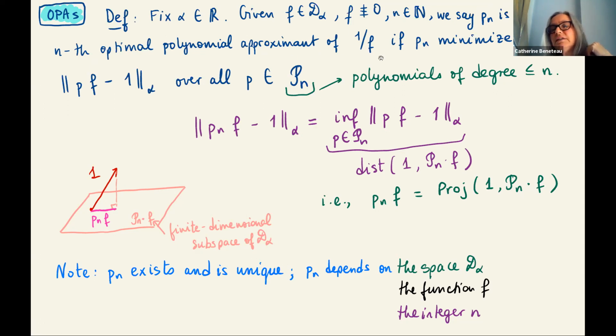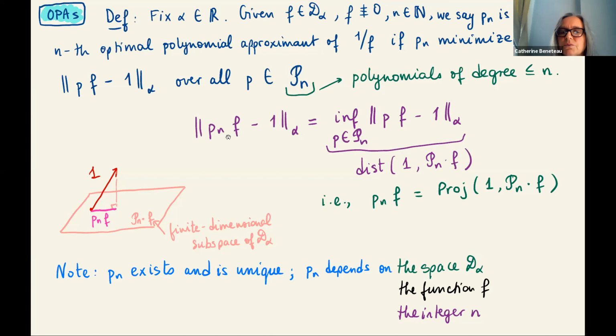It approximates the inverse of f in some sense if P_n minimizes this quantity. I look at all polynomial multiples of f, for polynomials of degree at most n, and I see which one approximates 1 the best.